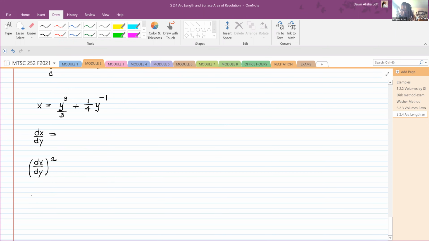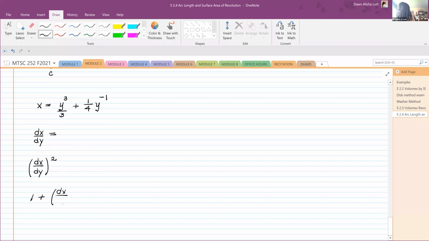Then you need to find what 1 plus dx/dy squared is, because that is what's going to go in the square root. So you need to find those 3 things. Anybody need any help? Everybody know what we're doing?